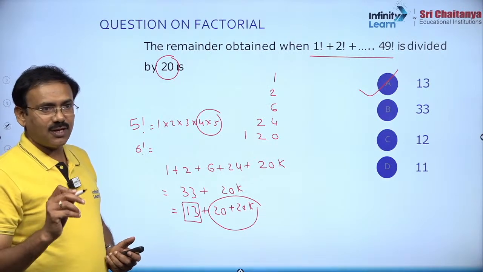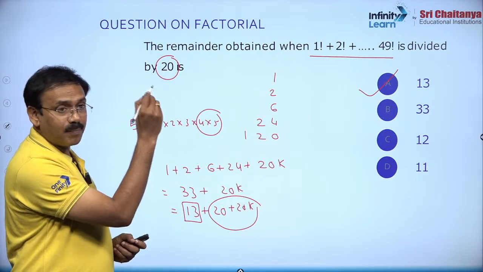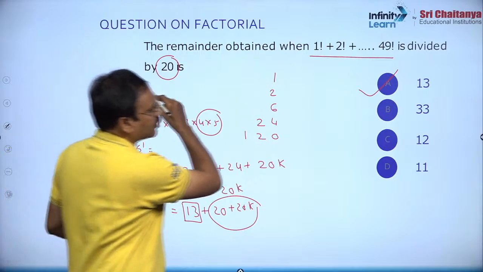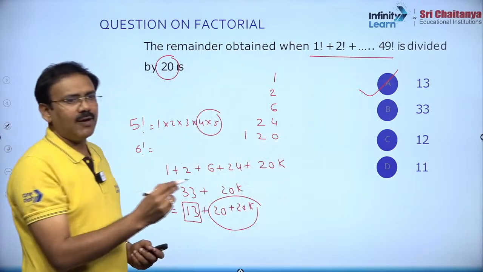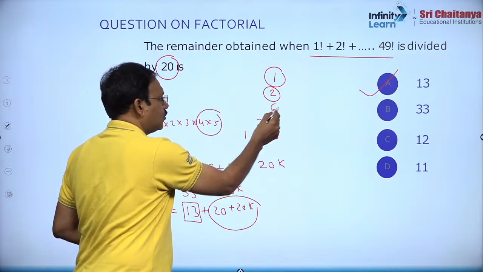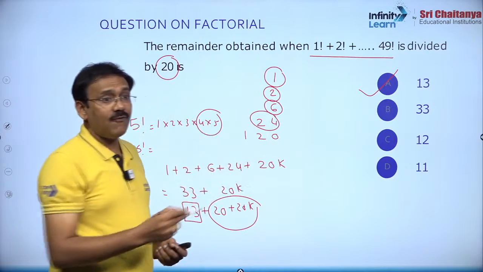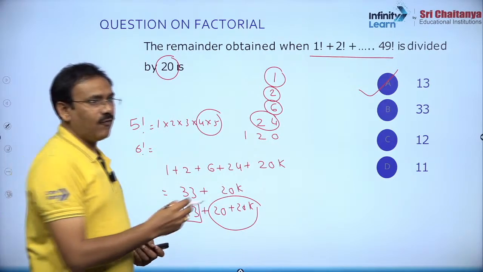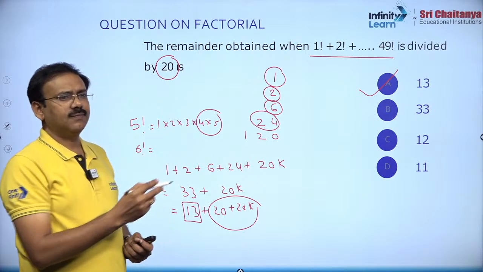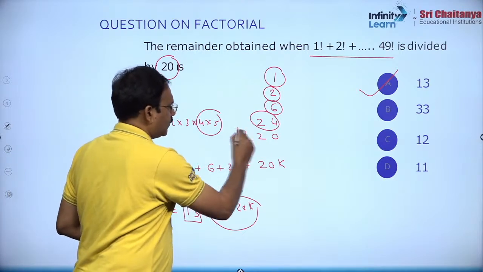Okay, the question is, Ronak, the remainder when the sum is divided by 20. So I am going to divide the total sum with 20. My point is very simple. 1 factorial is 1, 2 factorial is 2, 3 factorial is 6, 4 factorial is 24, 5 factorial, my dear friends, 5 factorial is going to be, okay, yeah, 5 factorial is 120.